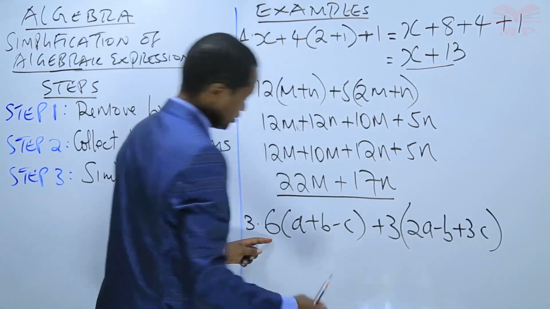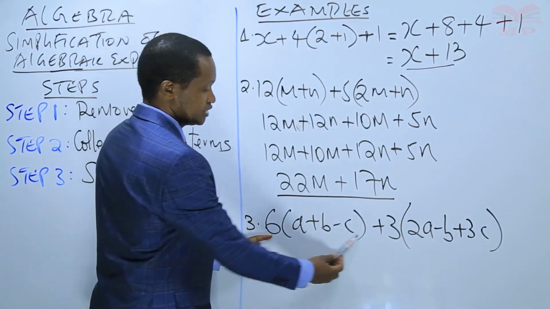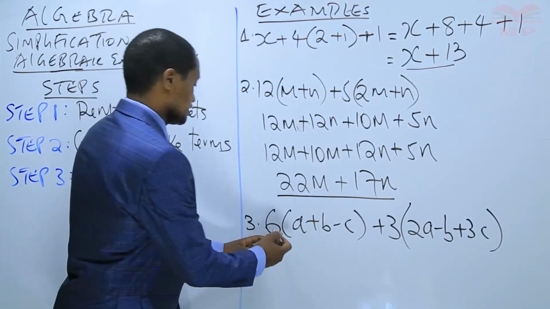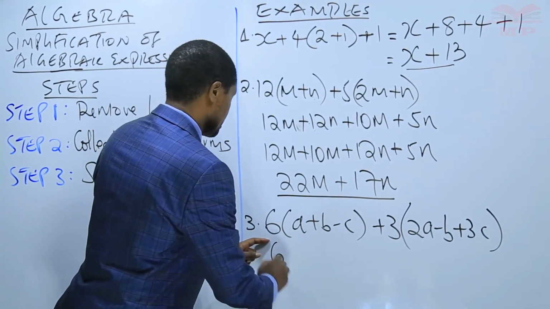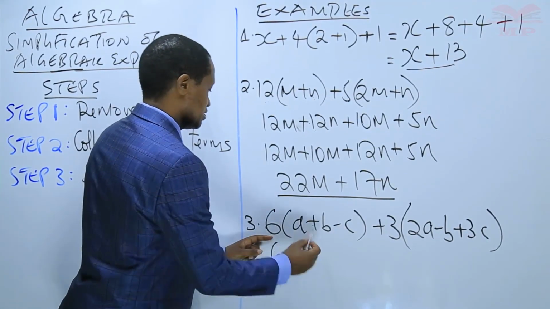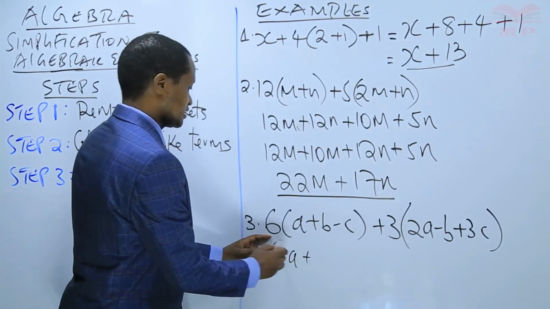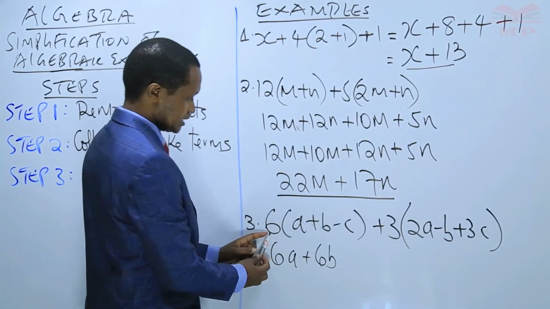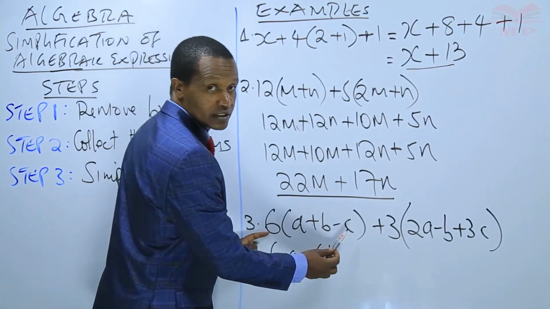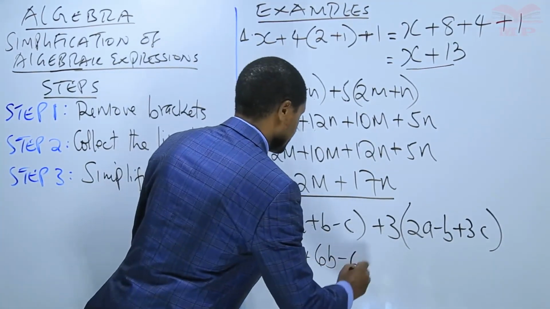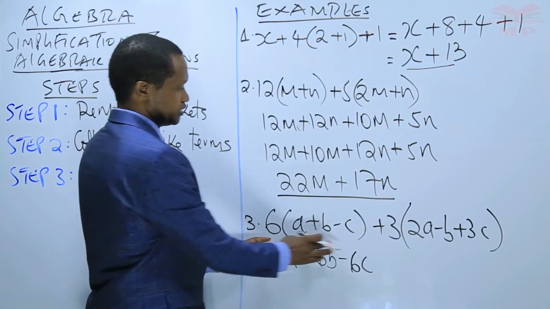Remove the brackets. So we multiply 6 by all the terms in this bracket. By doing that, we'll have removed the bracket. So we'll have 6 times a is equal to 6a, plus 6 times b is equal to 6b. Then 6 times negative c will be equal to negative 6c. We have removed this bracket.